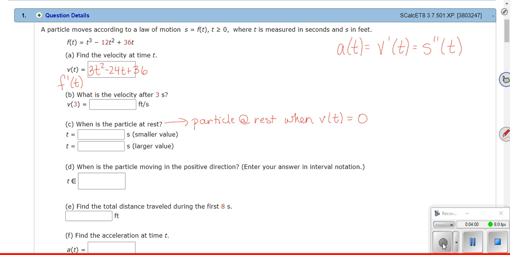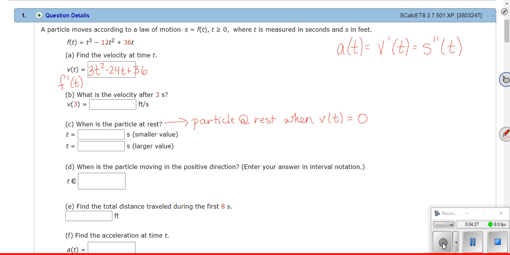So you need to set your velocity function, that first derivative, equal to 0 and then solve for t. Notice they give you 2 different values, which should be correct because our velocity function has a t squared, so we should get 2 different values for t. I'm not going to solve that for you. I'm just going to tell you the particle is at rest when velocity equals 0.